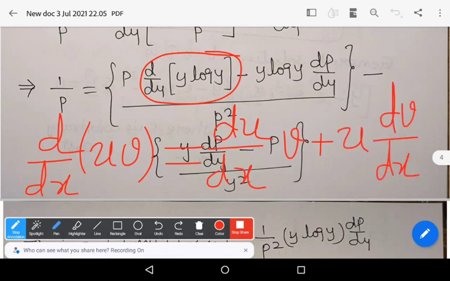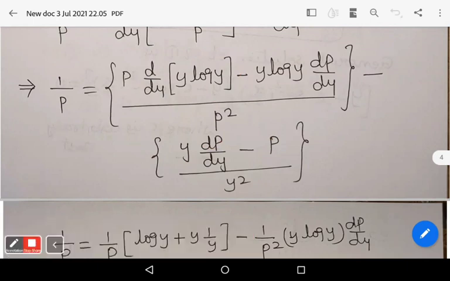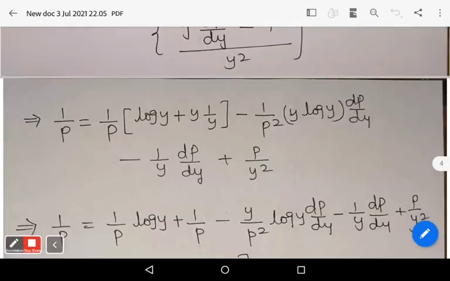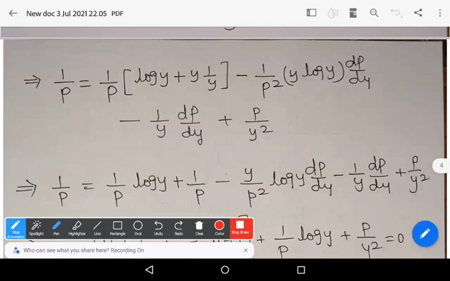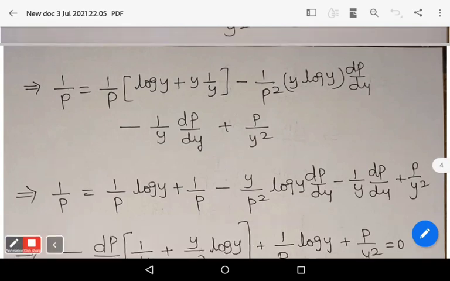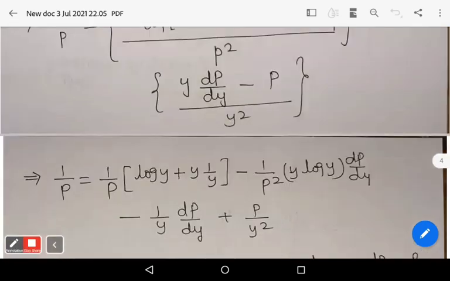By substituting the uv rule, we get 1 by p is equals to 1 by p into log y plus y into 1 by y. You get 1 by y because the derivative of log y is 1 by y. Minus 1 by p square y log y into dp by dy minus 1 by y dp by dy plus p by y square. I split the terms. Please observe that.